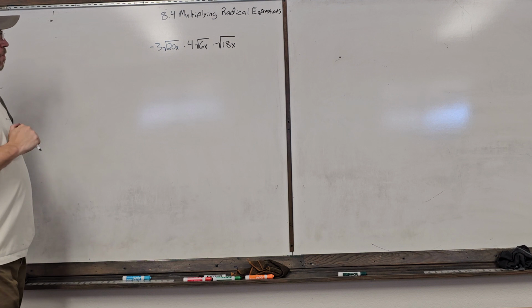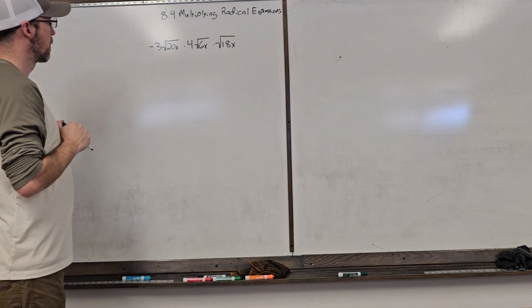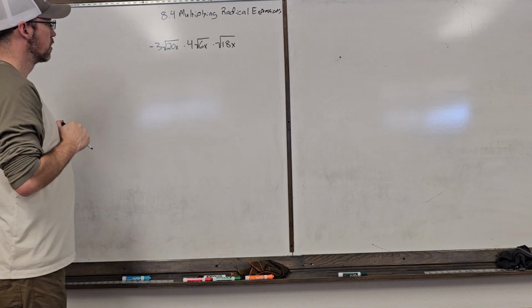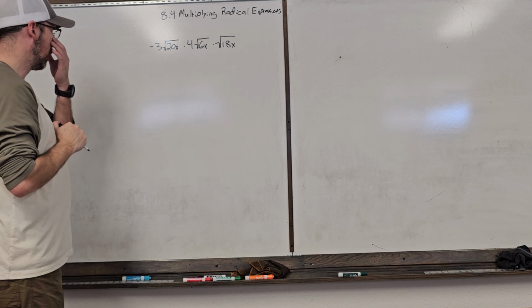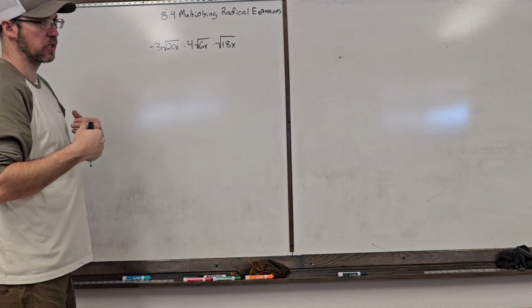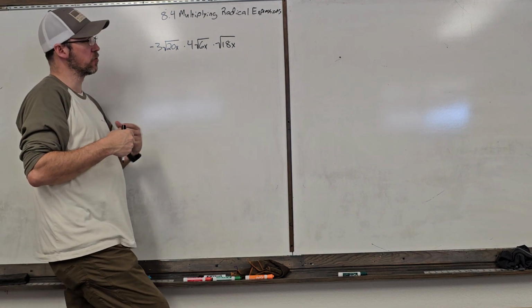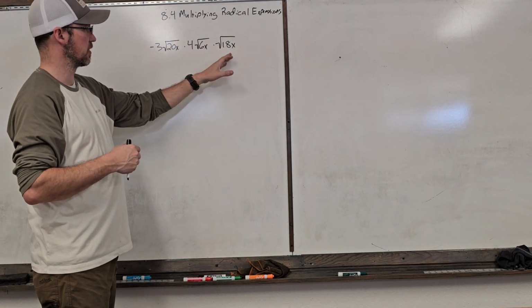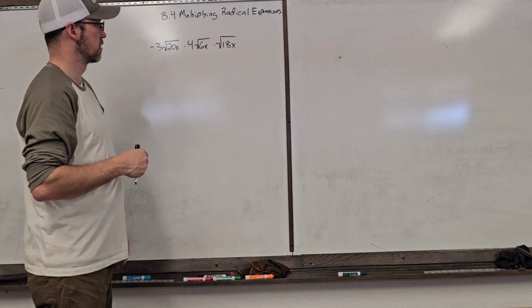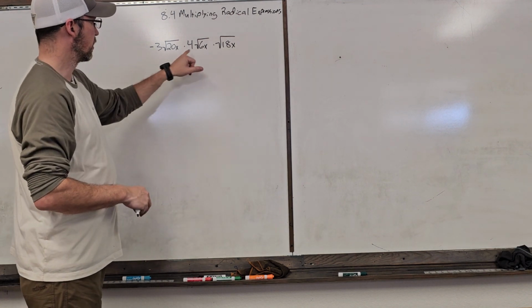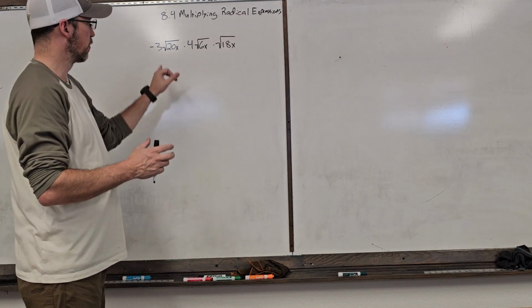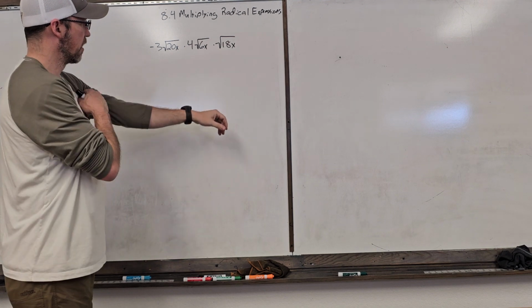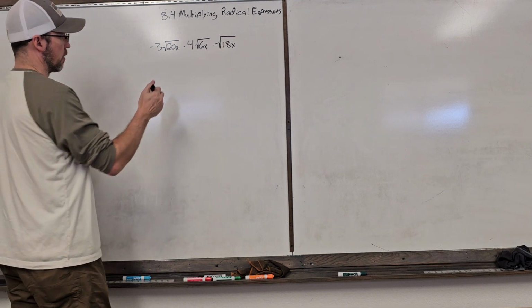There are 2 ways I can do this. I personally like smaller numbers better than bigger numbers. The example in the book is just going to straight up multiply 20 times 6 times 18, x times x times x. I'm going to reduce each one of these numbers first. I'm going to simplify these radicals and then I'll do it. That way I'm dealing with smaller numbers.